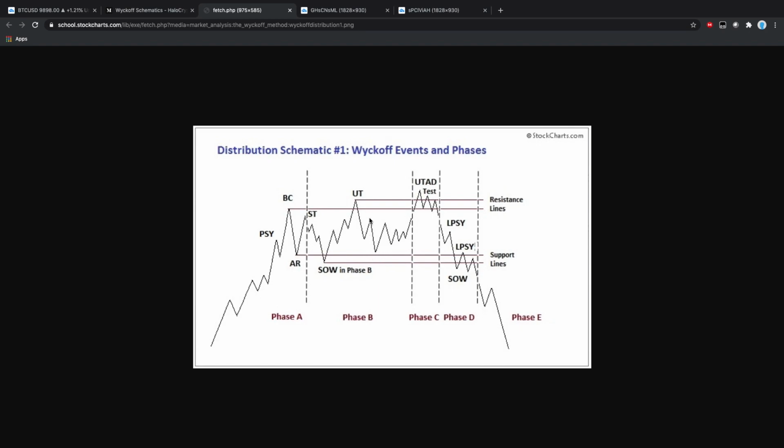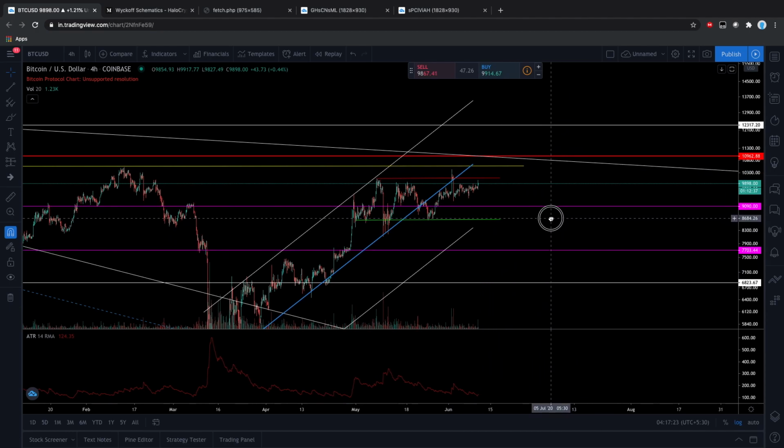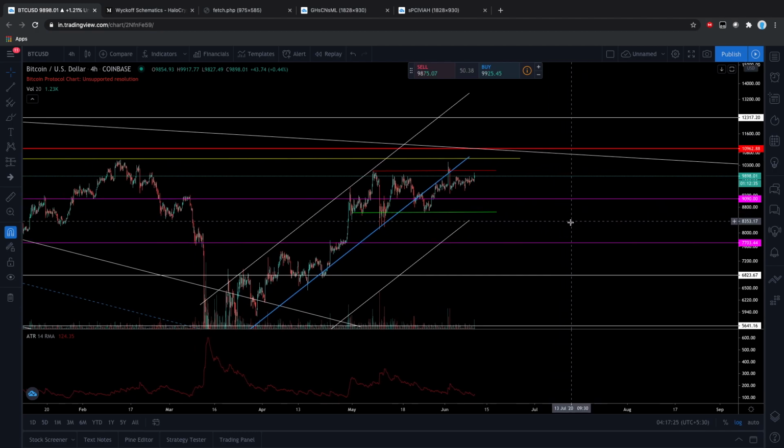In the current scenario, we have just bounced from the midway and are hitting the UTAD phase, the UTAD test. If we have to represent this phase, it will be around the 10,500 region. You can have the UTAD test around here, and then we finally break down. So these two cases can happen easily.